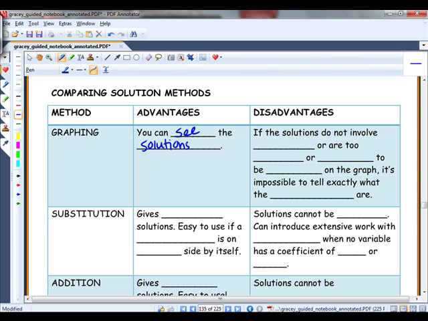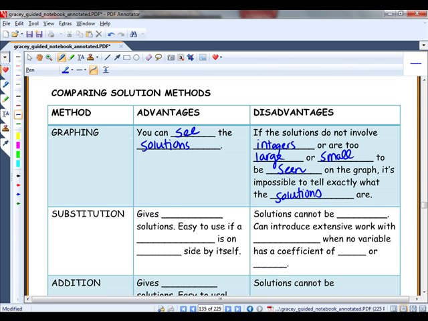But the disadvantages, if the solutions do not involve integers or are too large or small to be seen on the graph, it's impossible to tell exactly what the solutions are. So that's the graphing method.